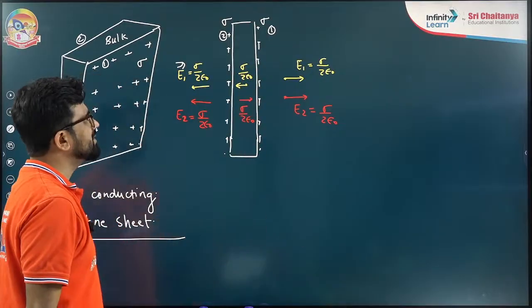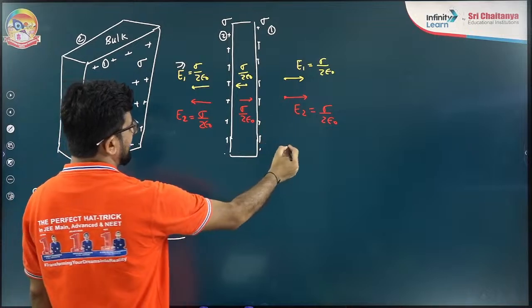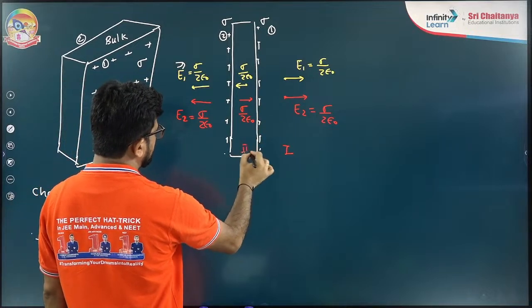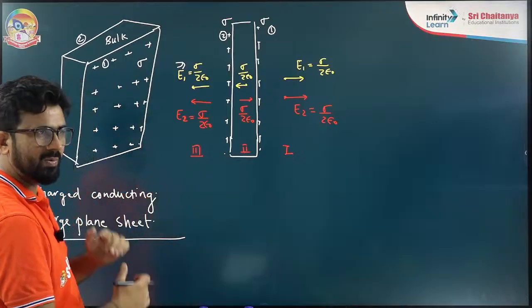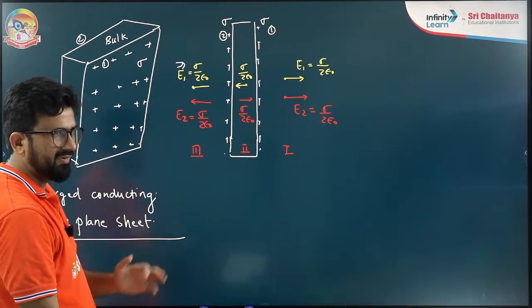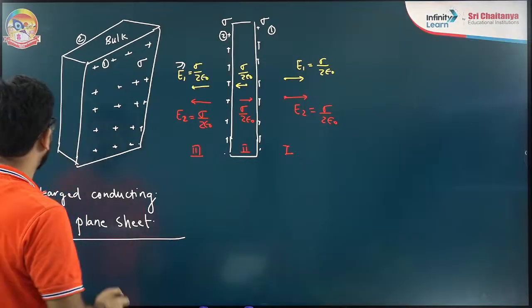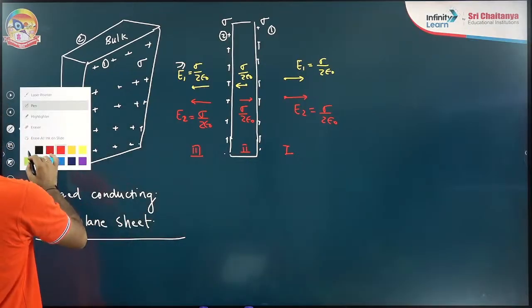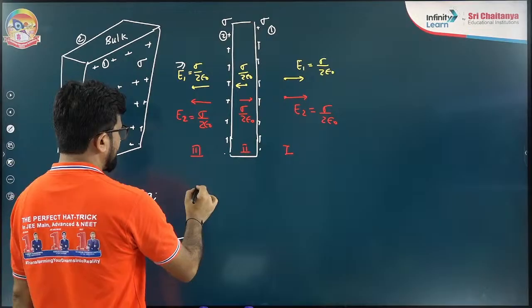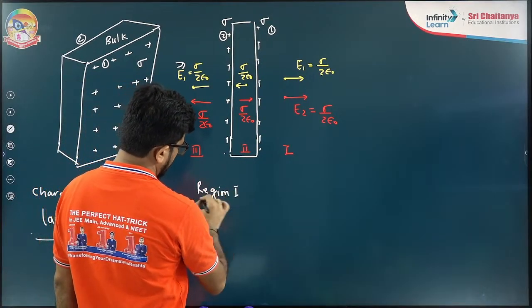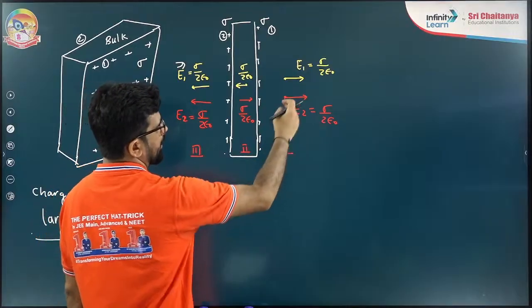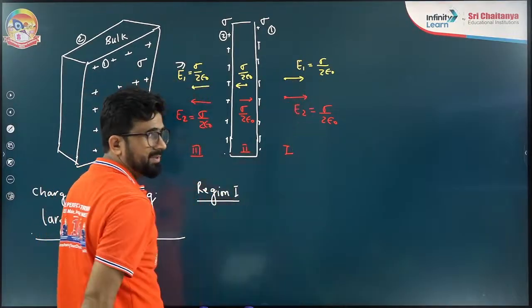Now this is region 1, this is region 2, this is region 3. In each of regions 1, 2 and 3, we want to calculate the field. In region 1, both fields are in the same direction, so they add.